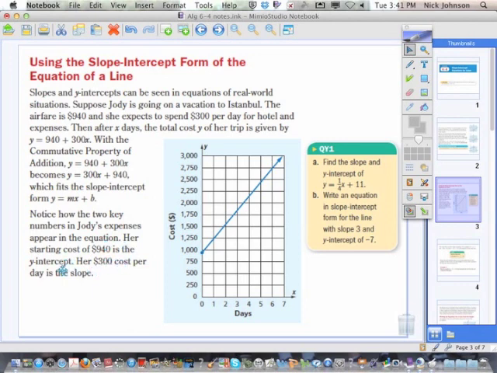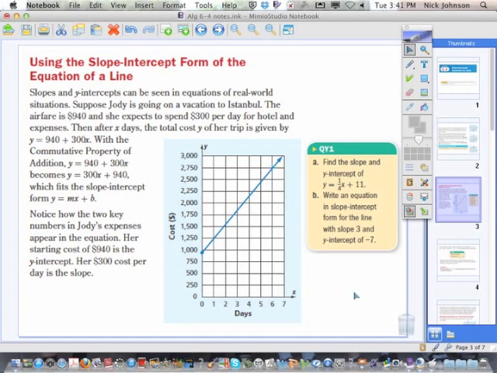Her starting cost of $940 is the y-intercept. $300 cost per day is her slope. She started with $940, and then every single day she increases $300. So by the 6th day, we could say she's going to be approximately at spending $2,750.